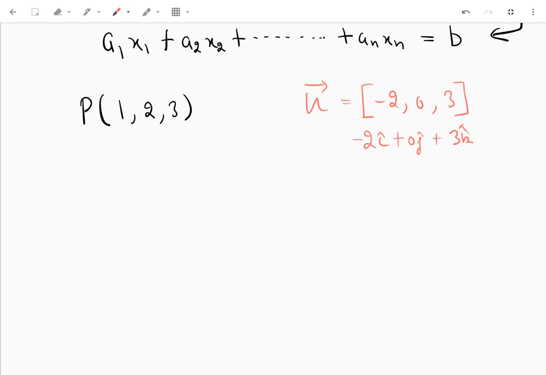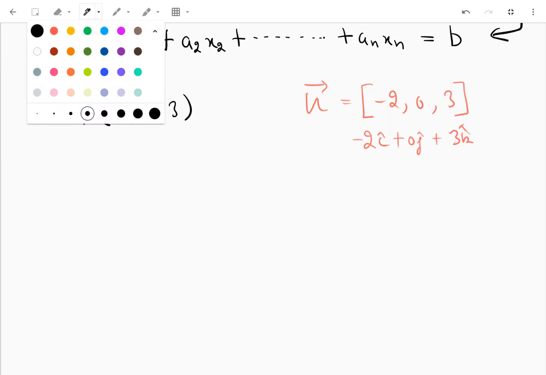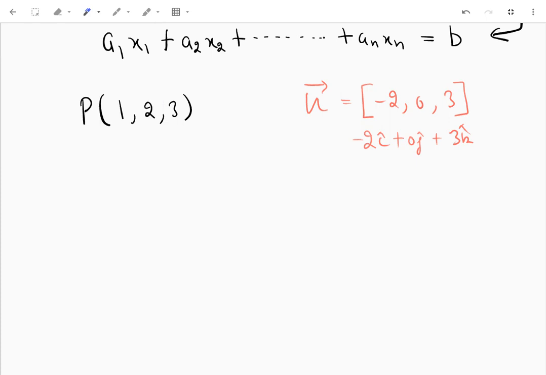Now, this is a three-dimensional space, so our equation should look like a1x plus a2y plus a3z equals b. This x, y, and z just represent any point on the plane, and here we have a point on the plane. So I'll plug in the values of 1, 2, and 3 here.